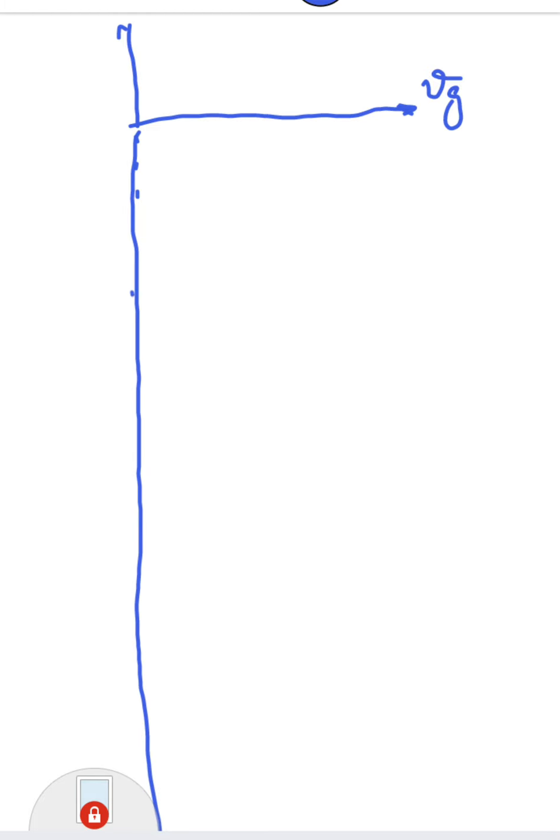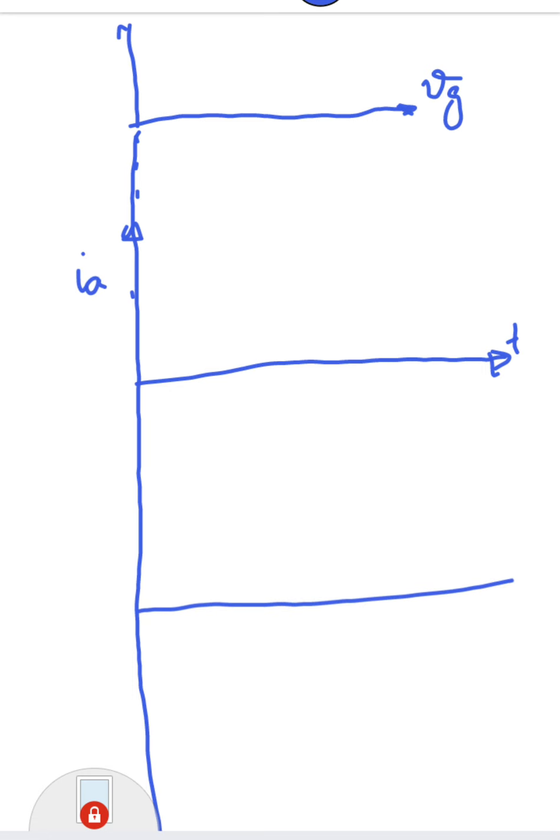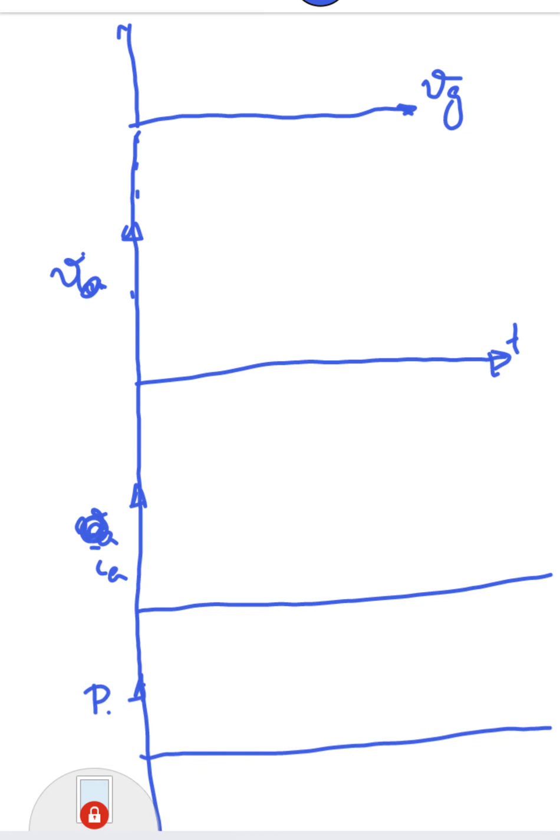Based on the gate voltage, what is the nature of anode current, what is the nature of anode voltage, or you can draw here anode voltage and this is anode current. Okay, what about the power loss during the turn on time.